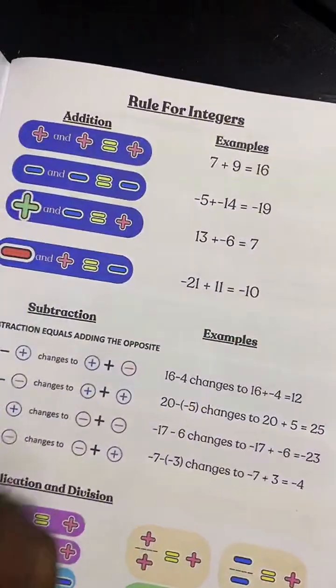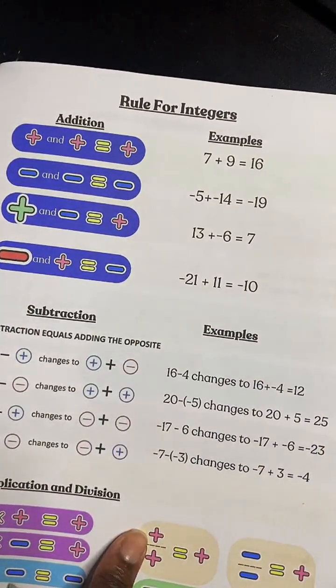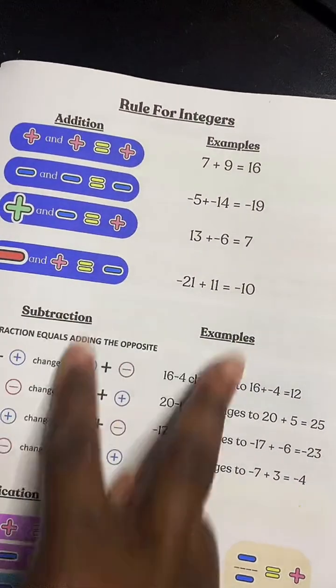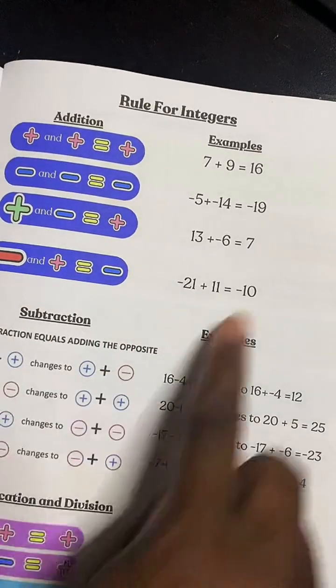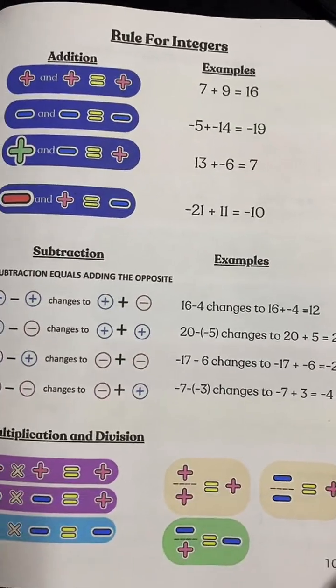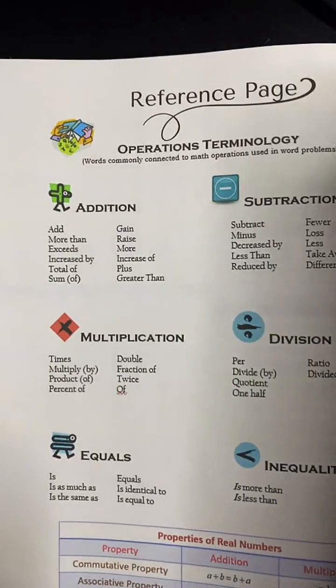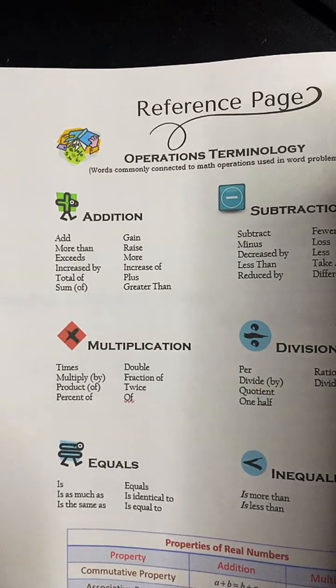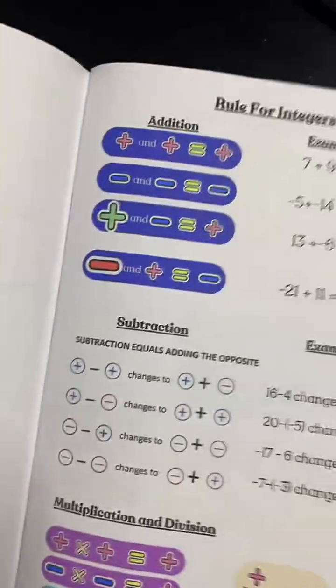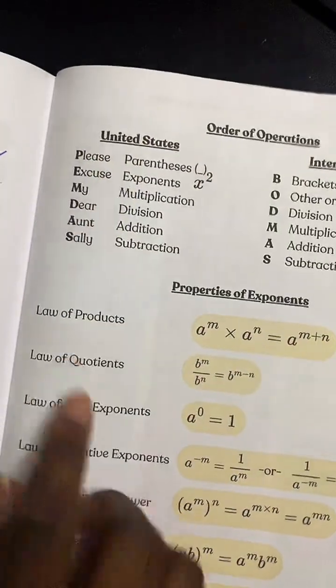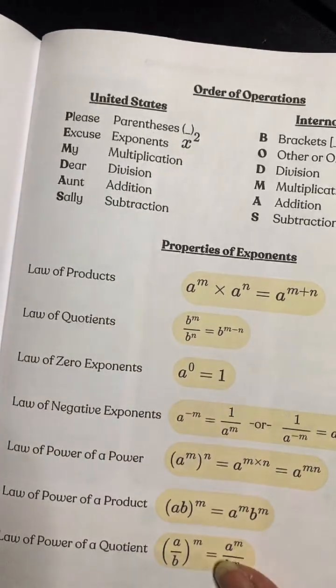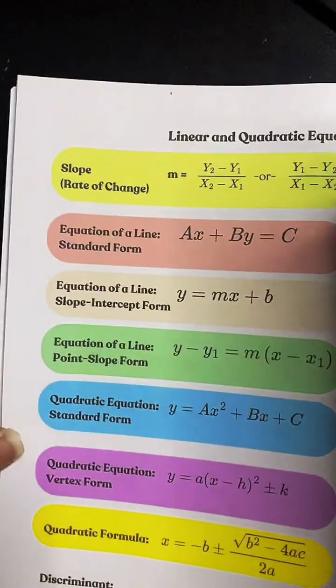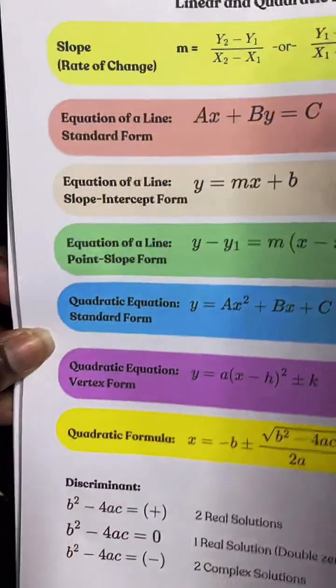You can also see the rules of integers. Sometimes we forget, so why not look at the reminders? We're looking at addition, subtraction, multiplication, and division, as well as the most common words used in word problems and what operation each holds. Then we also have order of operations, the properties of exponents, linear and quadratic equations, even to the discriminant.